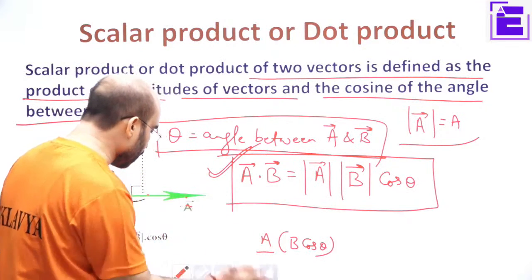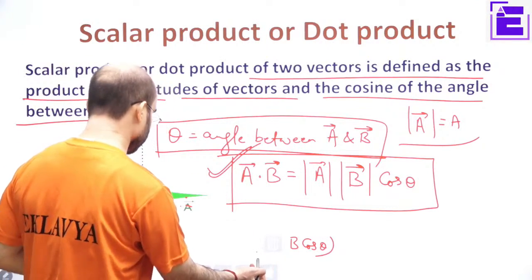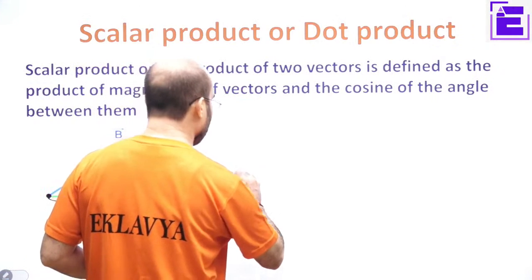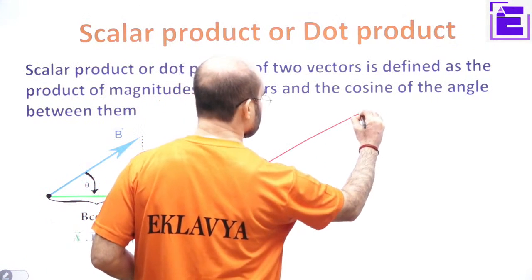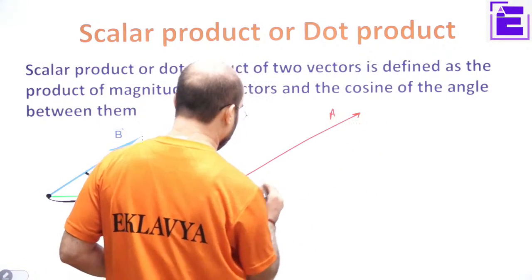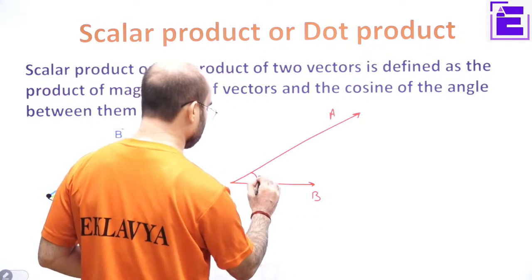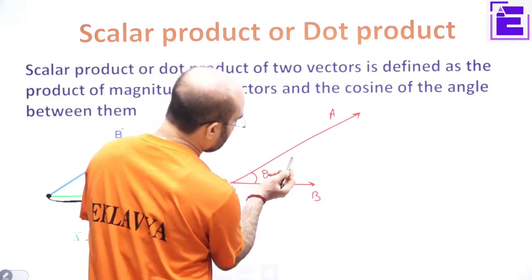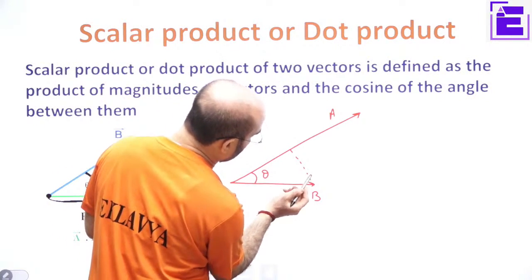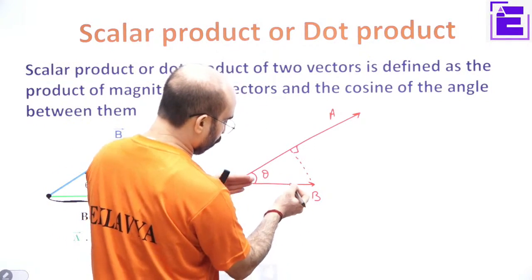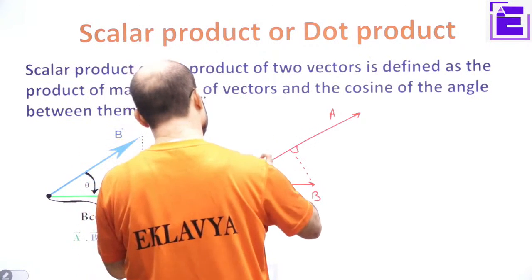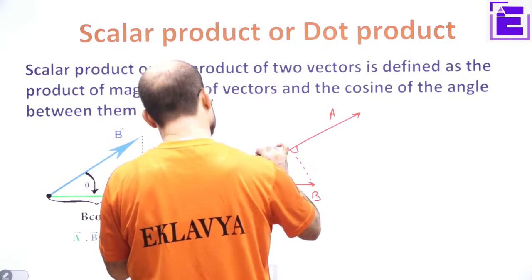Or some other way to do this is, if you have got this as vector A and this as vector B, and this is theta, then you will draw a perpendicular on this. The component of this will be B cos theta here.